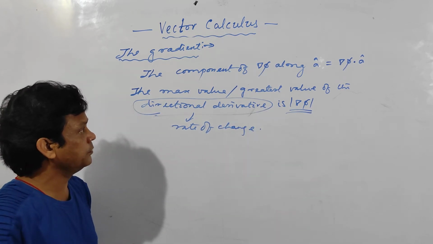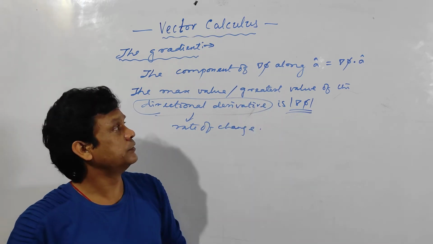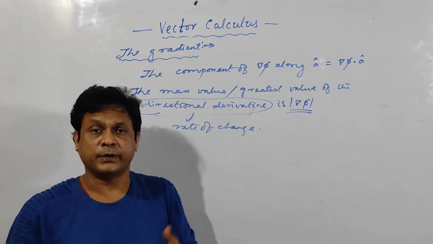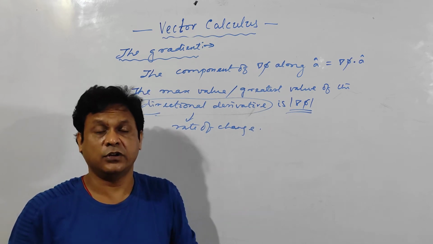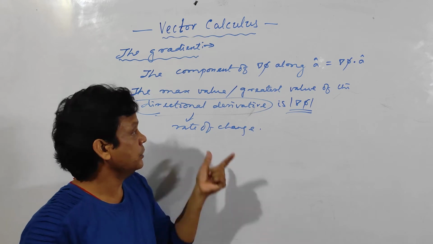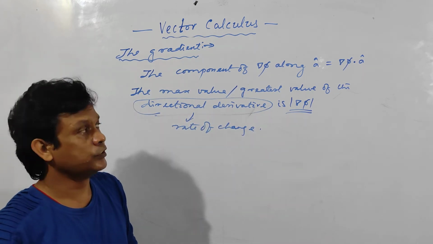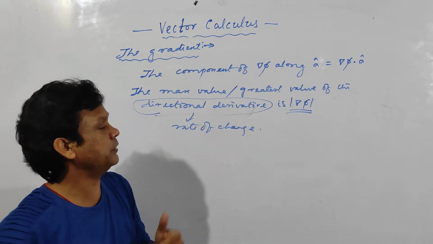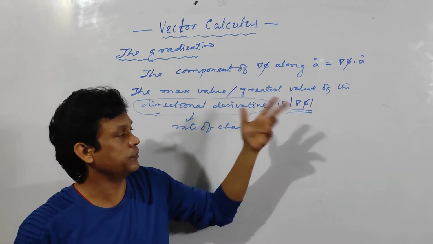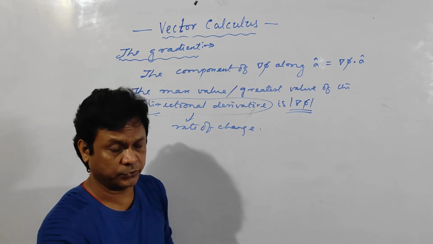So in the question it will be like this: find the greatest rate of change of phi along a particular direction. So you should know that the other name of directional derivative is rate of change. So greatest rate of change is the maximum value of the directional derivative, which is mod of grad phi. Clear?